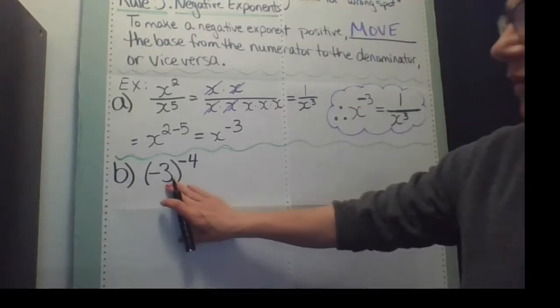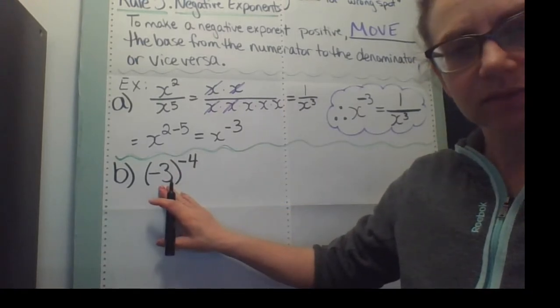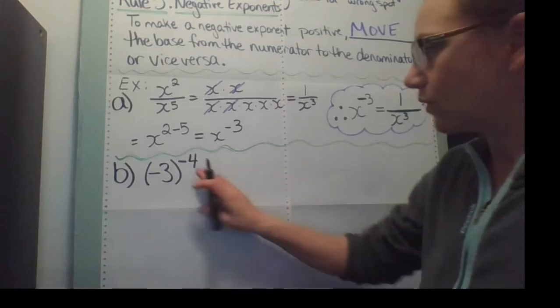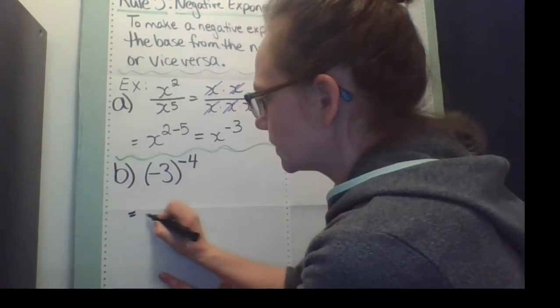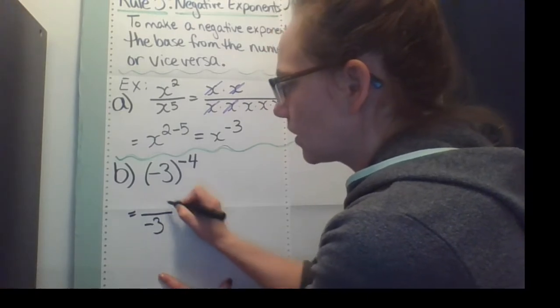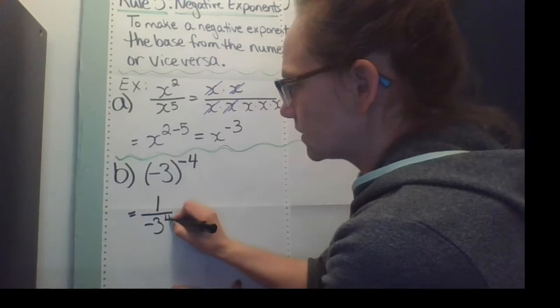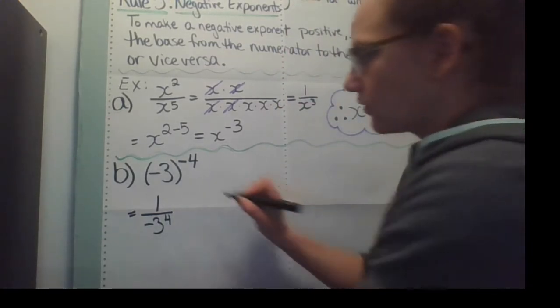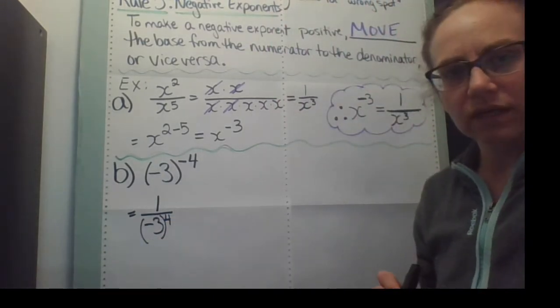Okay, let's try another example. This time I'm going to put my negative 4 outside of the brackets, and let's see what this does. If I follow my rule, the negative exponent means that my base, which in this case is negative 3, belongs in the denominator, and now I've got a positive exponent. Don't forget that exponent is still counting for that whole negative 3.